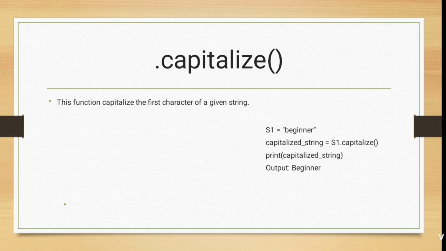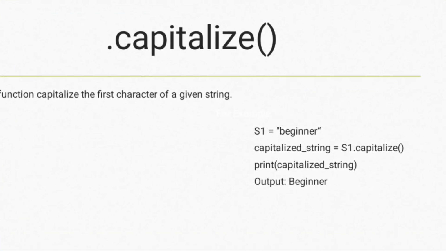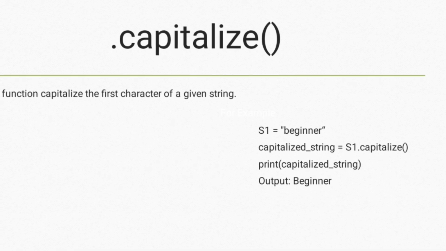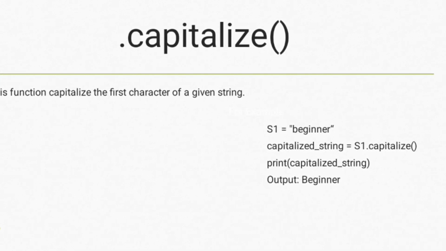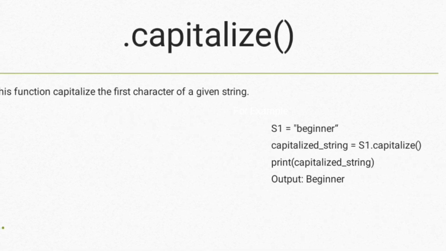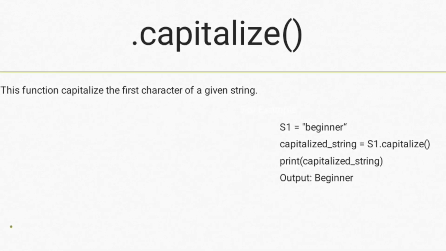Let's see with an example here. See it carefully. We have a B here in small letter, right? And then we have a variable capitalized string, and then we have s1, which is our variable, and capitalize is our string function here. Now we will print the capitalized string.